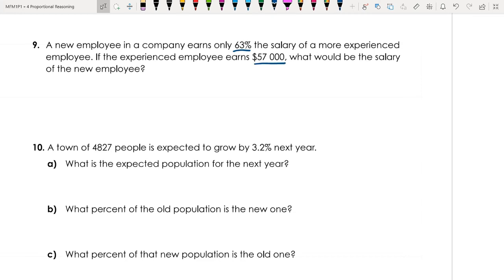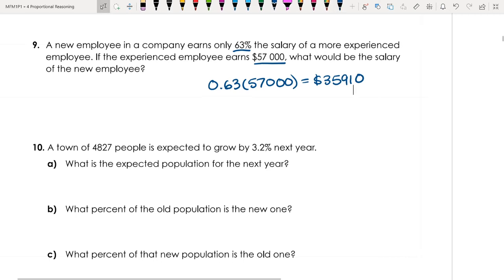And when we're doing that, we're finding the amount and we multiply to do it. 63%, 0.63 times 57,000, and we should get the answer $35,910.